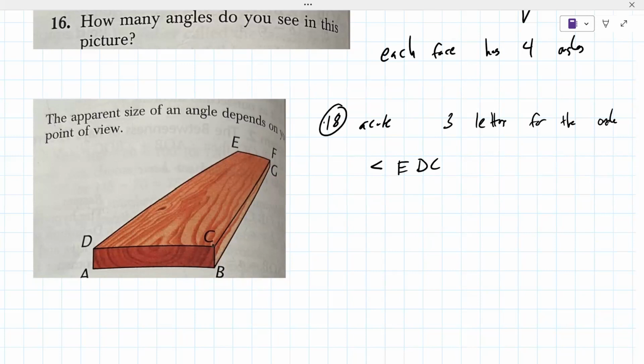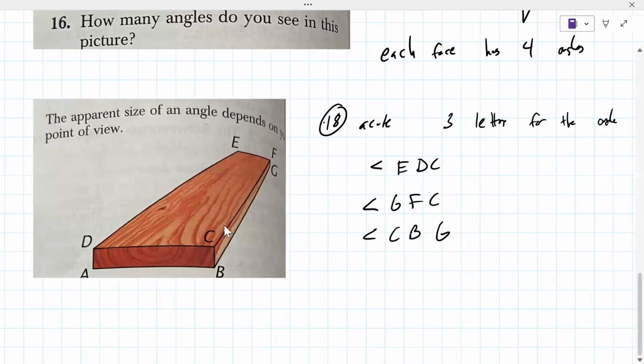Any others that stand out to you as likely looking like they're acute? GFC. Okay, not going to argue with that. What do you think about CBG? Yeah, that too. Okay.